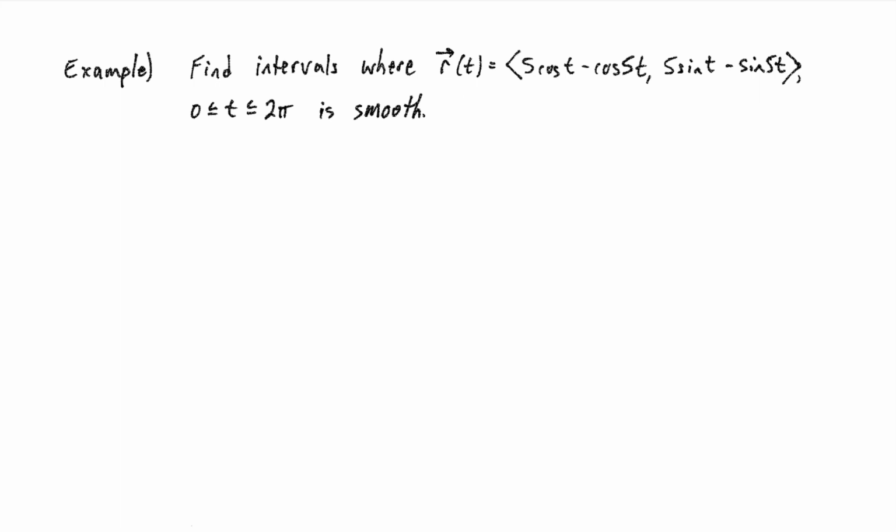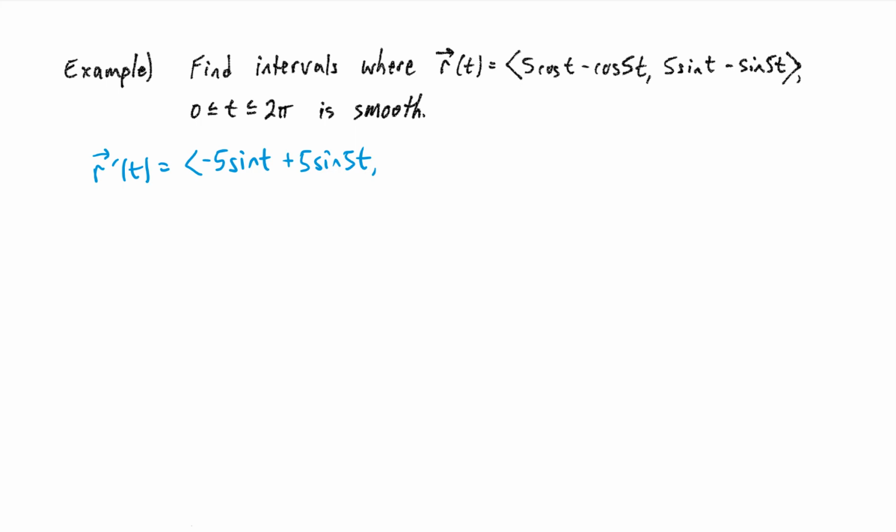All right, so let's get the derivative of this. If I get the derivative of r, we would get negative 5 sine of t plus 5 sine 5t.